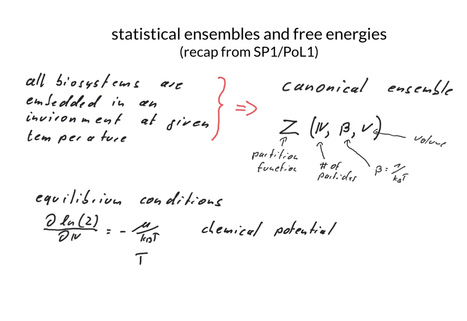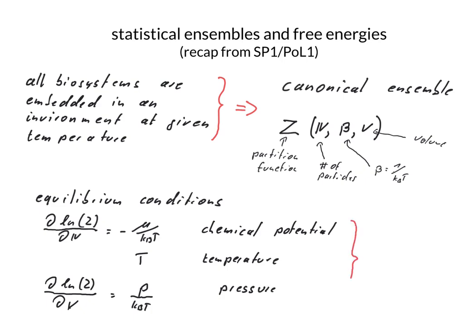The second is the temperature, which in the case of the canonical ensemble is set by the temperature of the bath. And the last is the pressure. Pressure P is again given by the log derivative of the partition function, but now with respect to the volume, and this derivative is equal to pressure divided by kBT. Now, in statistical physics, we learned that if two systems are in equilibrium, those derivatives have to be equal.